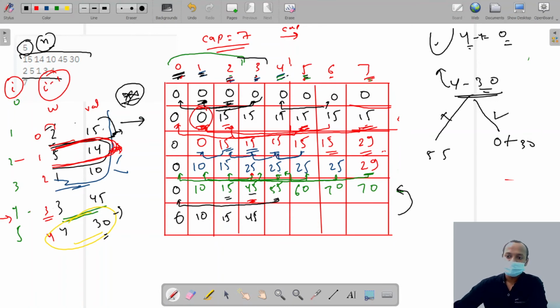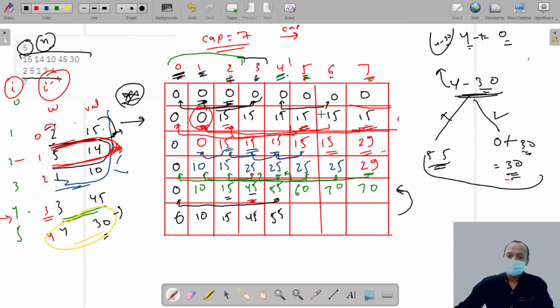If we put this item in the bag, we also have to add its value. So what is the maximum of these two? 55. It means if we exclude this item, we get the maximum value. So this time we exclude this item.